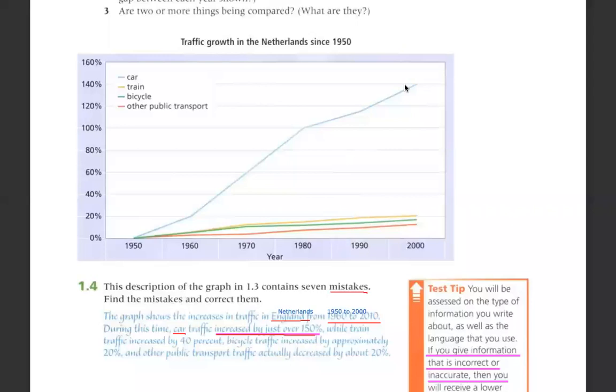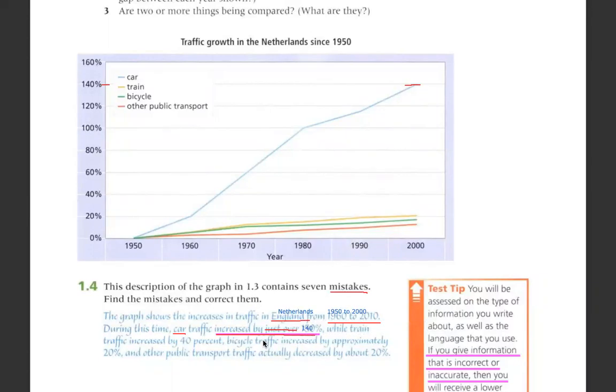All right, let's also look at the word just over. Okay, think about, is that correct? So the number is obviously wrong, but just over is also wrong. Okay, we have a look here, it doesn't go over. And obviously our number is wrong as well. Okay, so this should be 140%. Somebody said exactly 140, so that would be fine as well, as long as we're not saying by over. So either by 140 or by exactly.